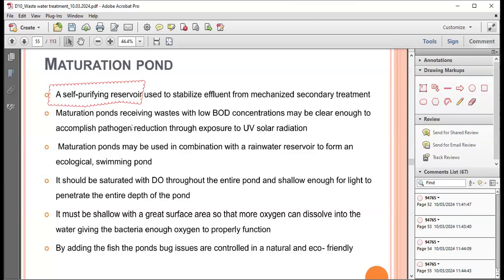The ponds receiving waste with the low BOD concentration may be clear enough to accomplish pathogen reduction through exposure to UV solar radiation.